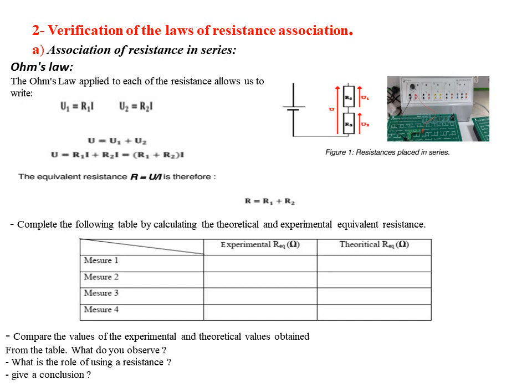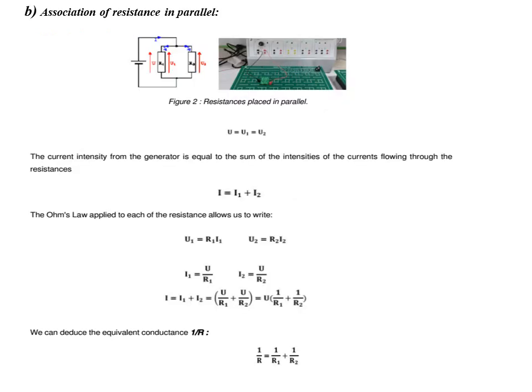Let's apply figure number 1 in the laboratory and complete the following table by calculating the theoretical and experimental equivalent resistance. Compare the experimental and theoretical values obtained, and from the table, what do you observe? What is the role of using a resistance? Give a conclusion.